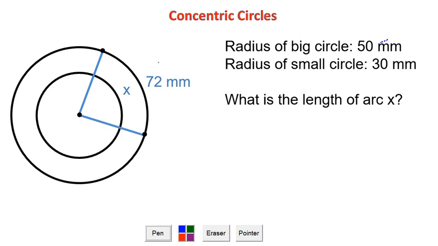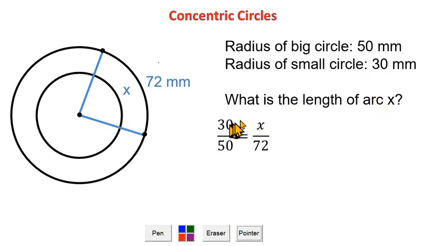So in this case, you're going to say, okay, the radius of the big circle is 50 millimeters. The small circle is 30 millimeters. What is the length of arc X? Let me see if I worked this out already. Yes, I did. Class, here is where proportions come to the rescue again.